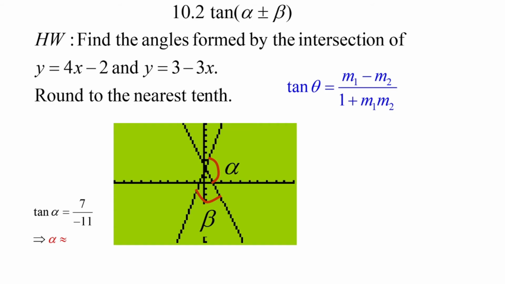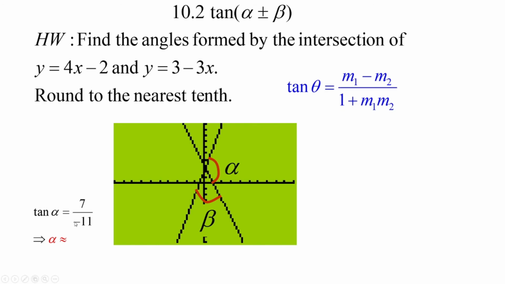So alpha is approximately 7 divided by negative 11. I better do inverse tangent of that. Second, inverse tangent of 7 over negative 11, and I'm already in degree mode, and I am getting this, not what I wanted, so let's make sure this is okay.